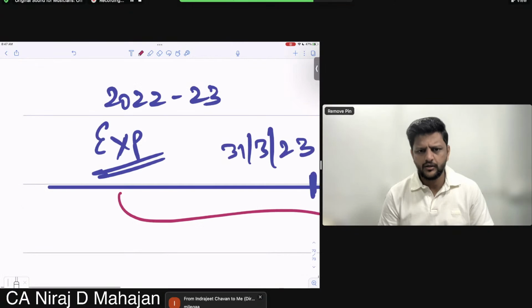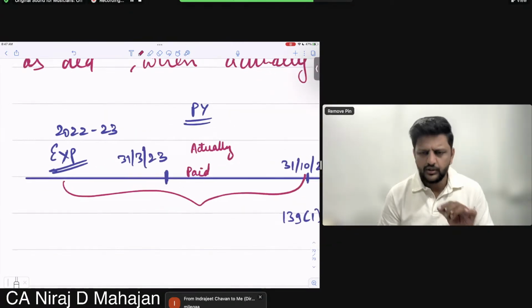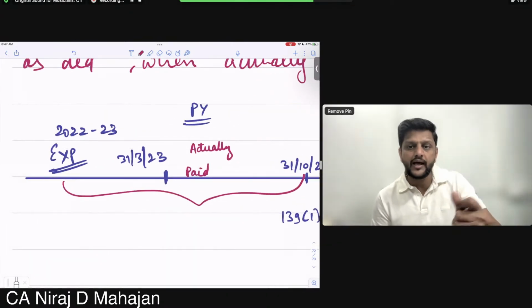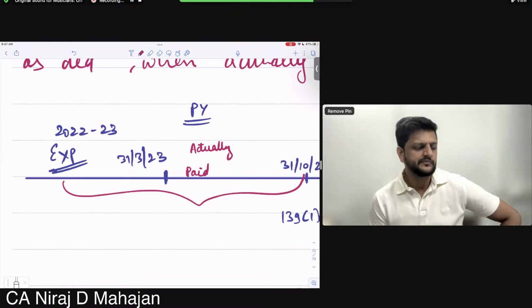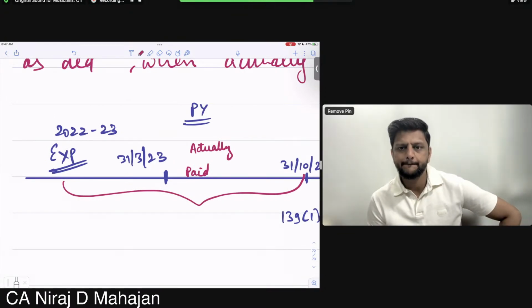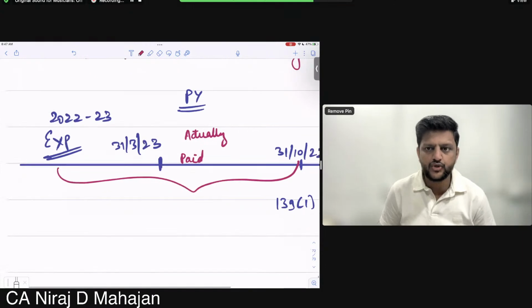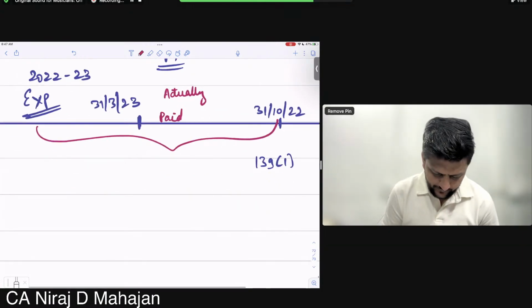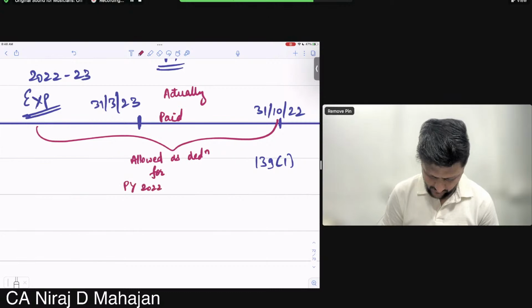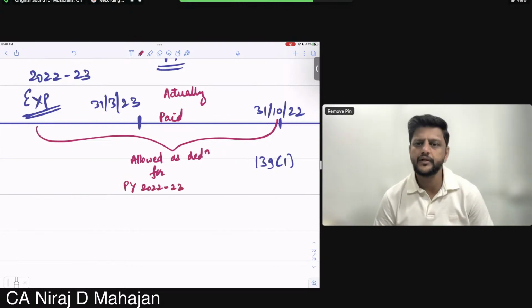Provision made in the current year, paid up to 139 due date, allowed as deduction. Understood or no? Clear till here, all of you? Nitin, Kushbu, Mansi, Indrajit.